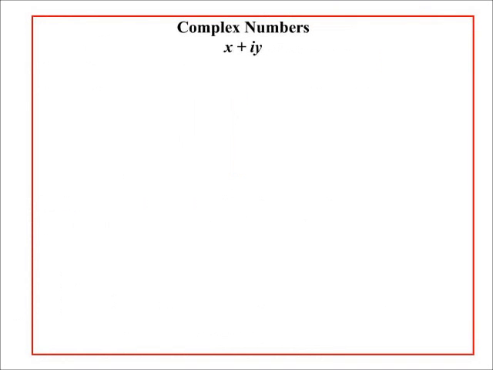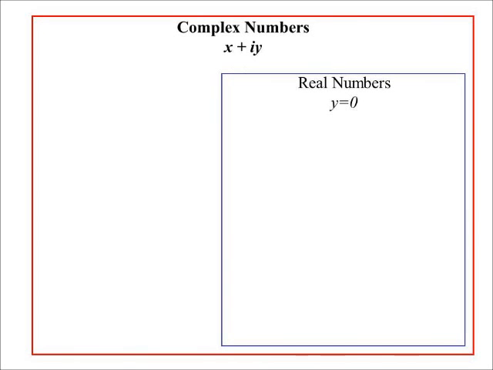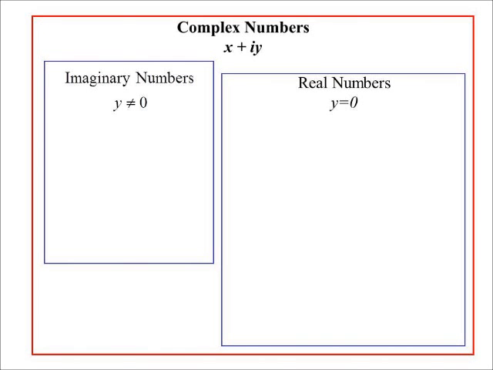Okay, so this box, if you like, represents all the complex numbers, every number we possibly can imagine. And we break them up into what we've been working with, the real numbers. That's when y is equal to 0, there's no imaginary part. But now what I'm saying is we also have this other set of numbers that we haven't been dealing with before now, where y is not equal to 0. Well, there's all these imaginary numbers in here.